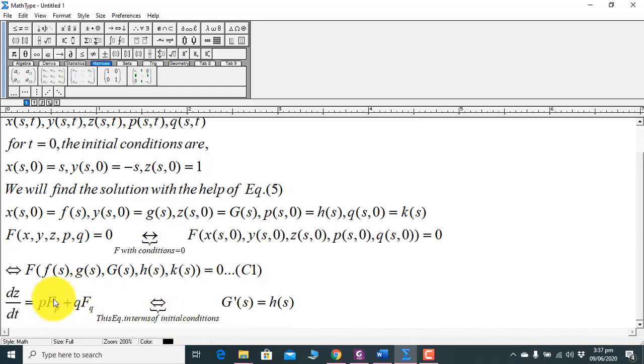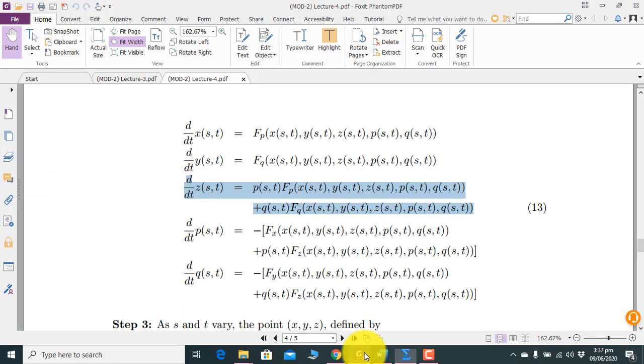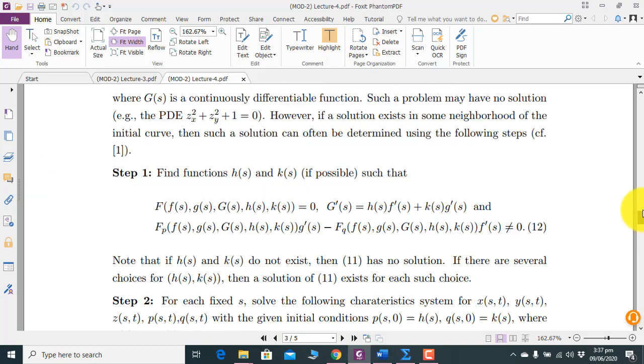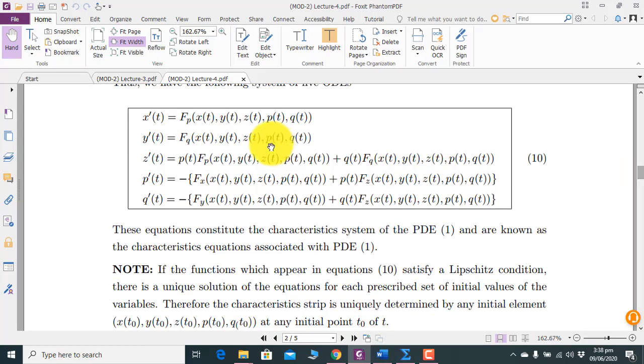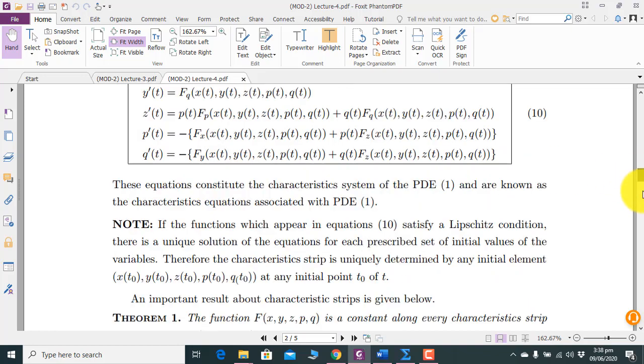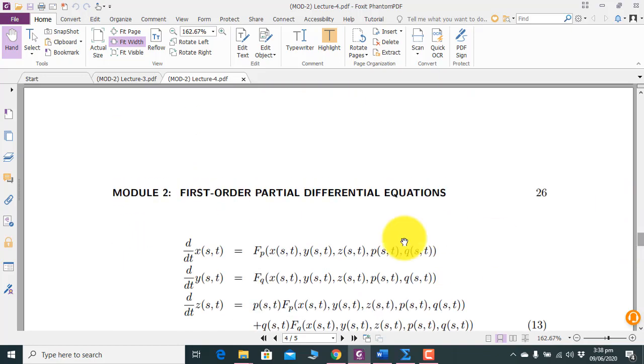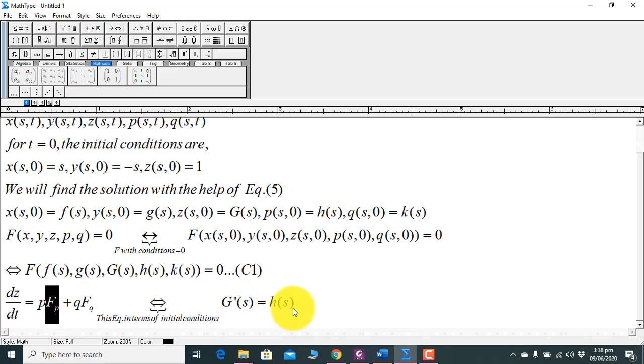And fp. What is fp? Please be very focused. If you remember, fp was x dash. So what is the name of the condition for x? We have named that f of s.